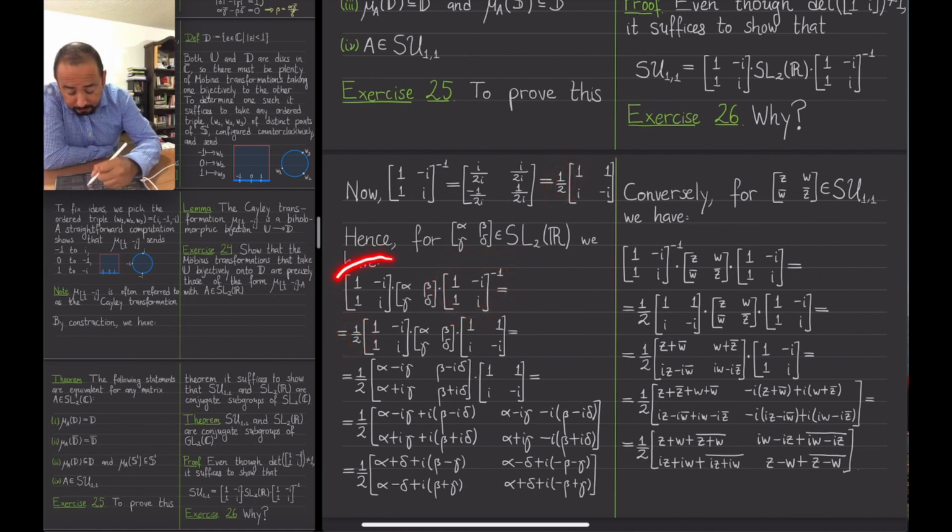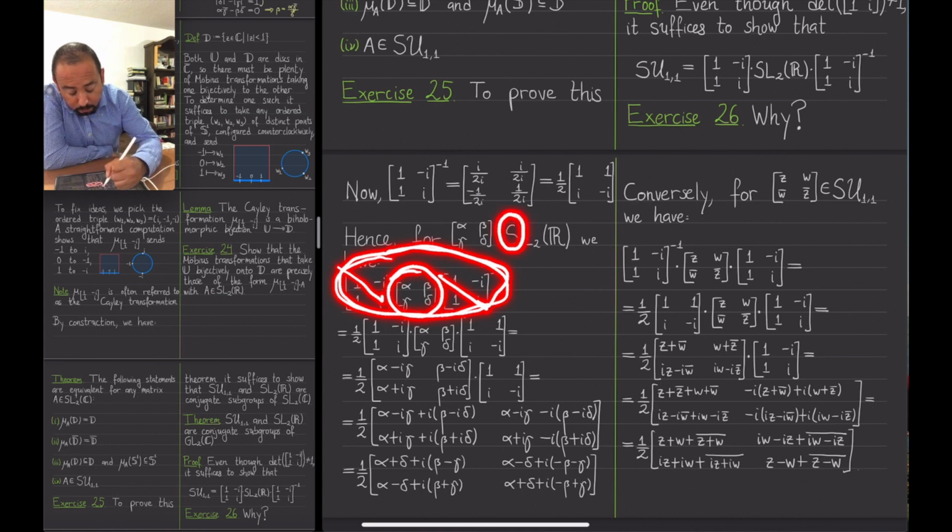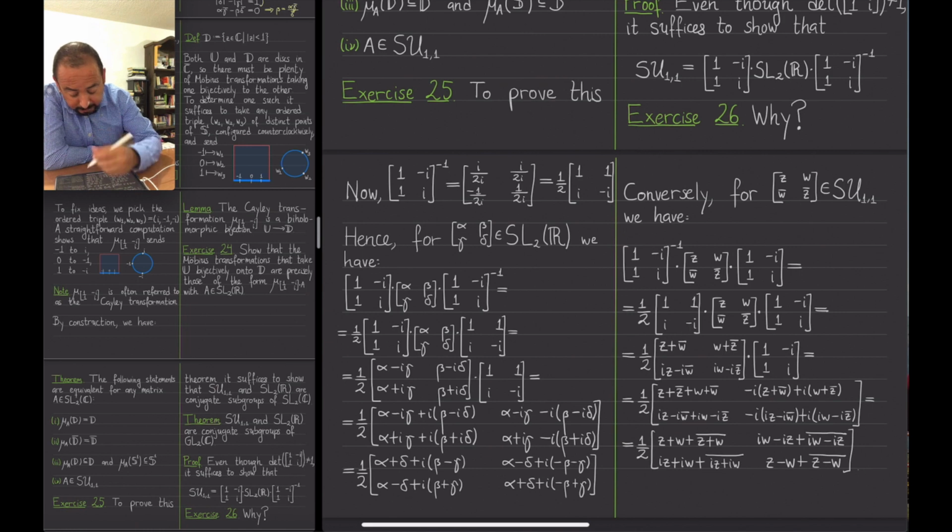Now the determinant of this guy is 1, because the determinant of this cancels with this, and so the determinant is just the determinant of this guy, which is 1. So this is going to be important at the end. Remember that this has determinant 1.